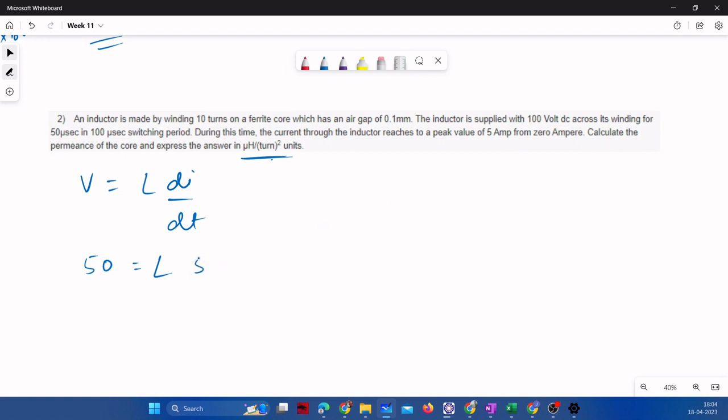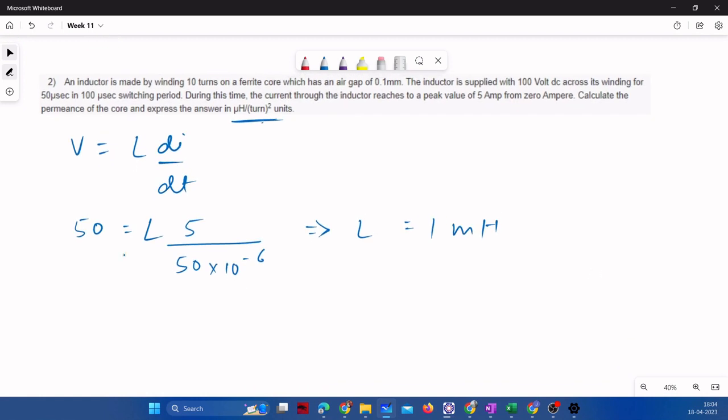So it will be 5 divided by the time for the on period, which is 50 microsecond. If we solve it, we will get 1 millihenry. So we computed the value of inductance.